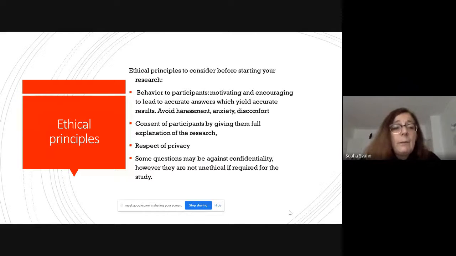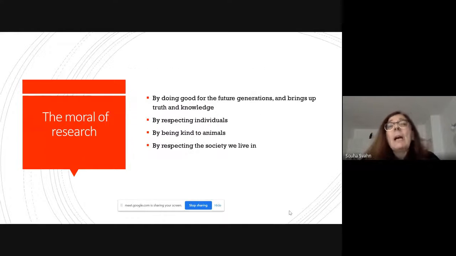Now, we need to discuss the morale of the research. Why do we do research? We do research because we want to advance. We want to do good for humanity. We want to do good for the company. We want to do good for a scientific laboratory. That's why we do research. We want to advance.